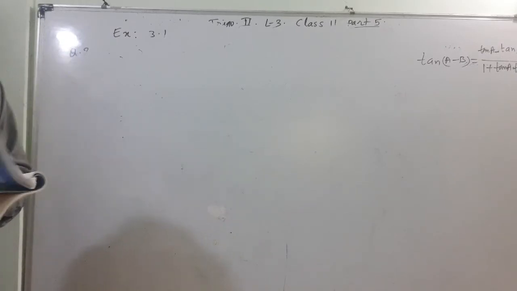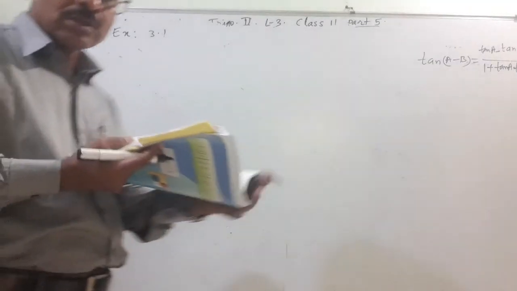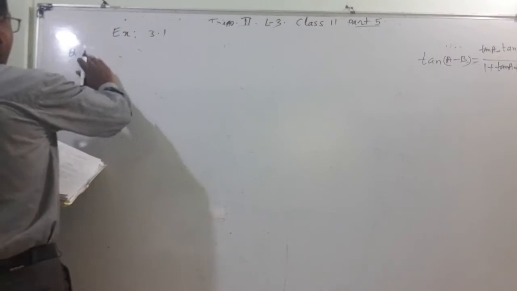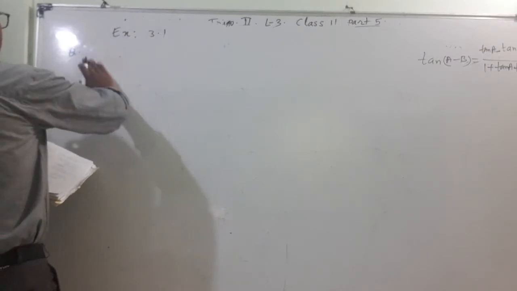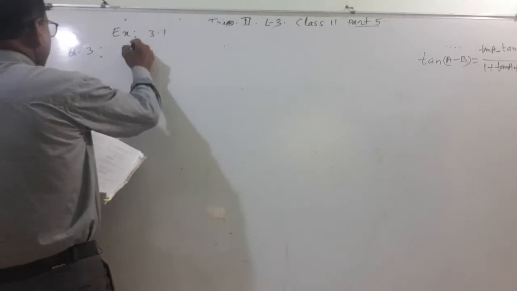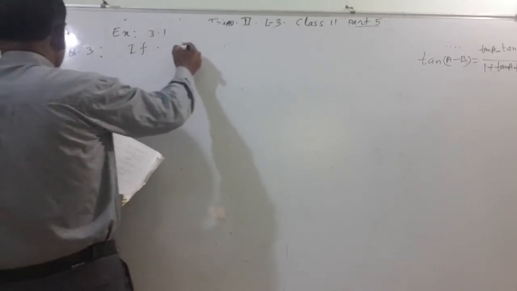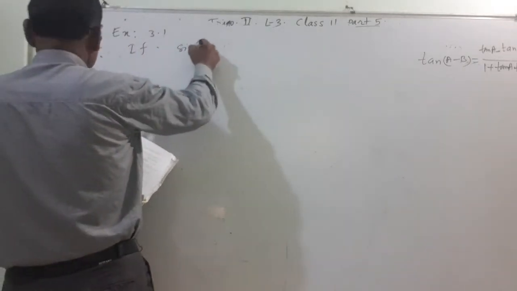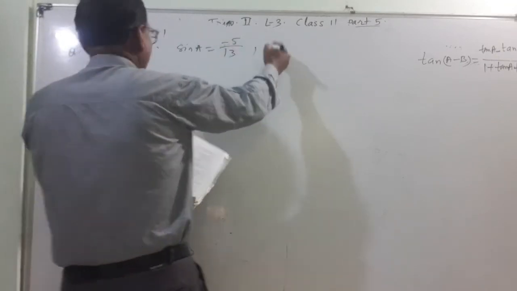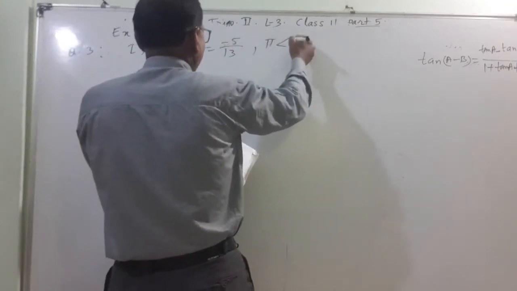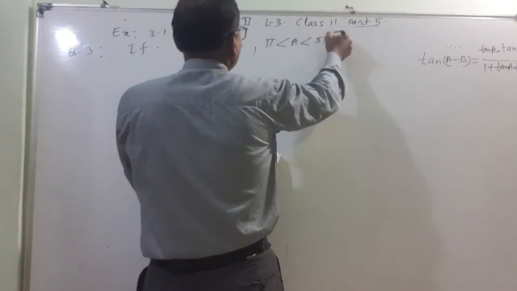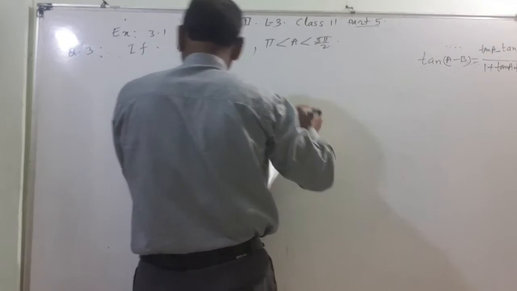Now there is one important question. Question number 3 now. This type of question we have not done. Question 3: if sine A is equal to minus 5 upon 13 and A is greater than pi and less than 3 pi by 2. 3 pi by 2 means 270 degree.